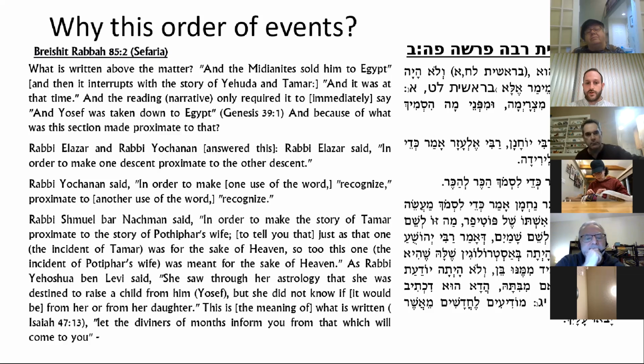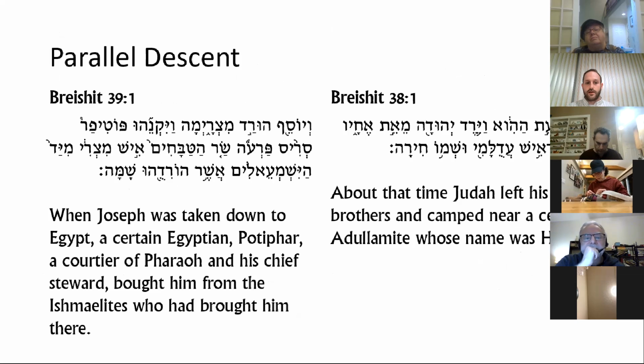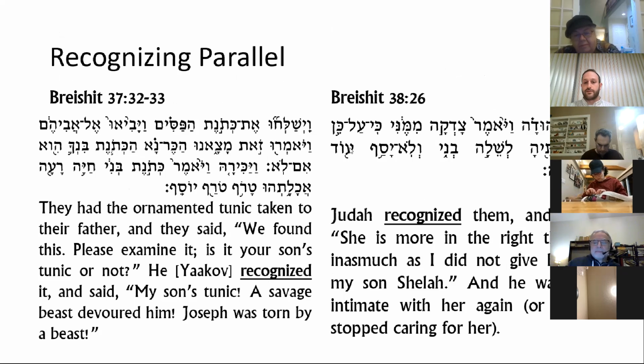Both of the psukim that we just quoted involve Yehuda Mitzrayim, so it's both chapters 39 and 37, but primarily it's to throw it back to the sale of Yosef, and that's the reason they're juxtaposed. Those two events are connected: Yosef's sale, and Yehuda's leaving his brothers and what happens with Tamar. Those two incidents are intertwined and linked.